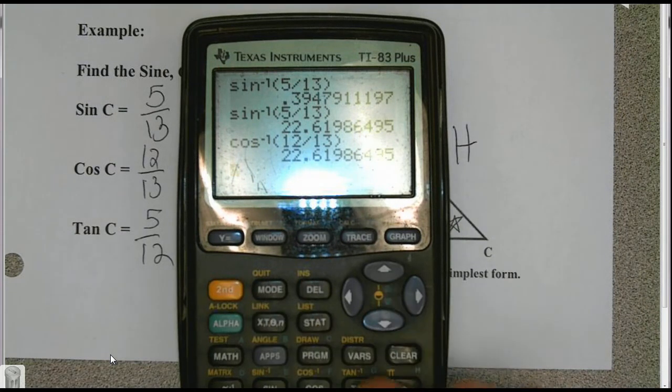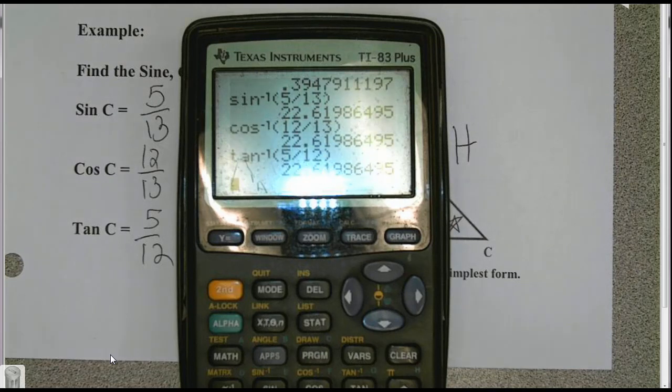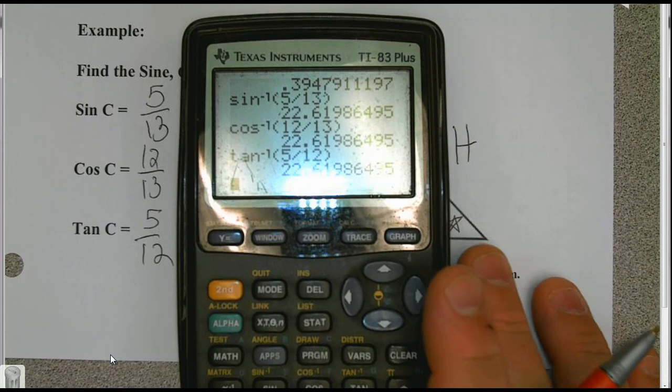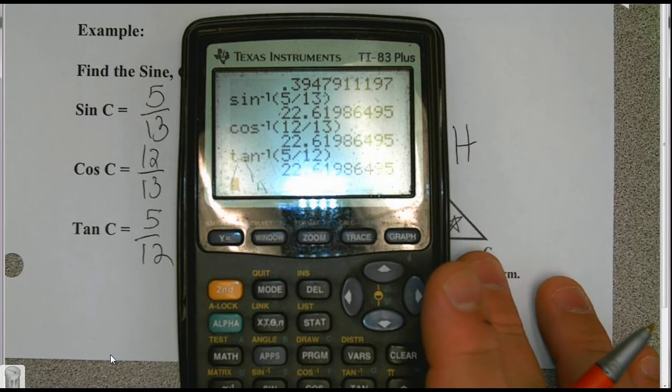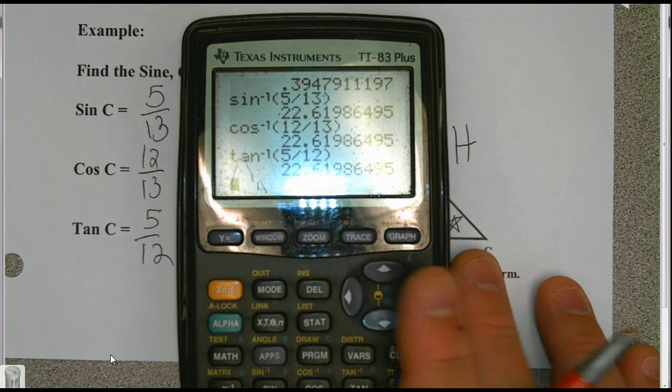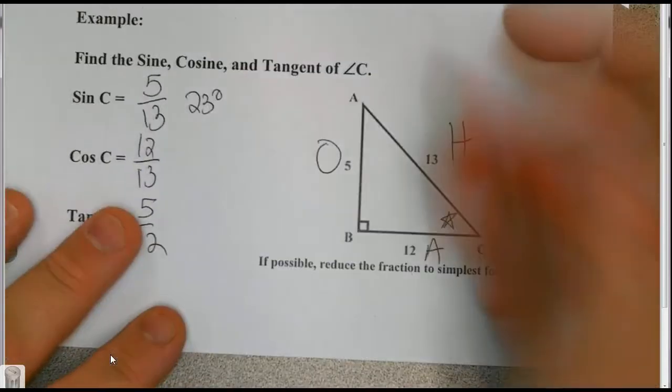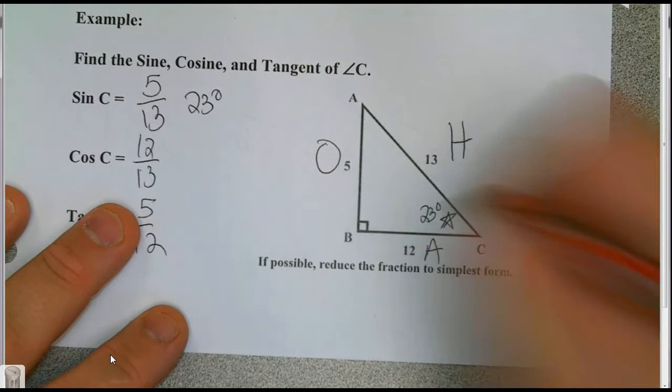When I hit second tangent of 5 over 12, I should also get the same answer because of the relationship between the opposite and adjacent, I'm sorry. And they do. And it's because angle C in this picture is 23 degrees.